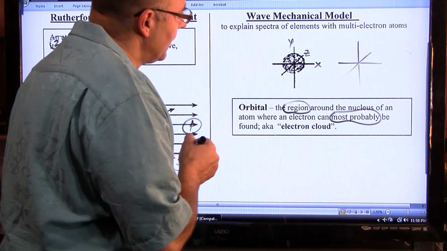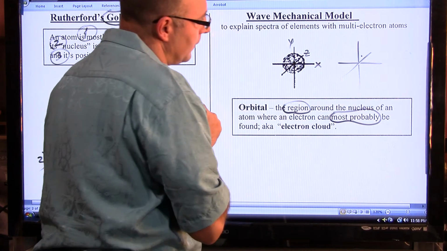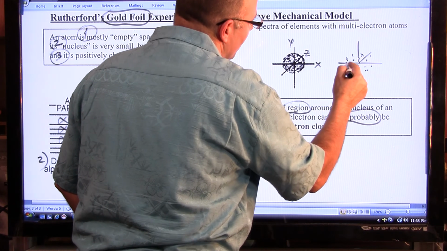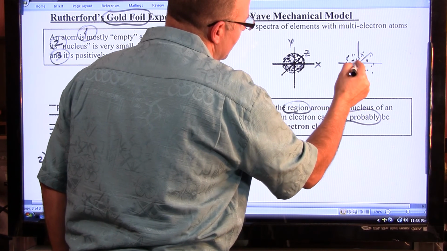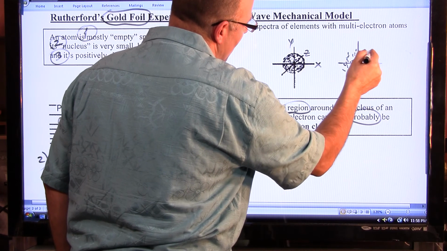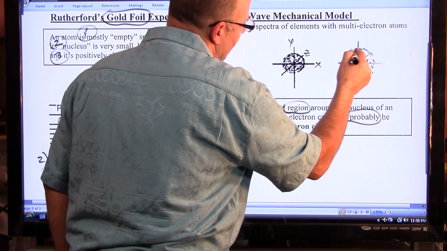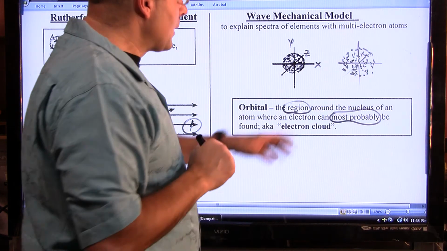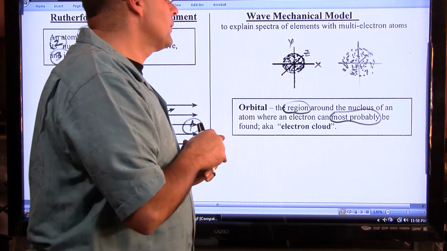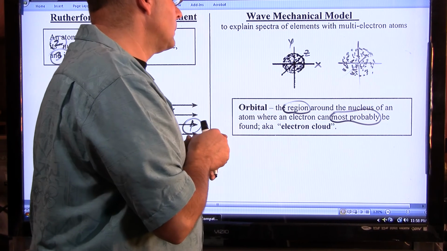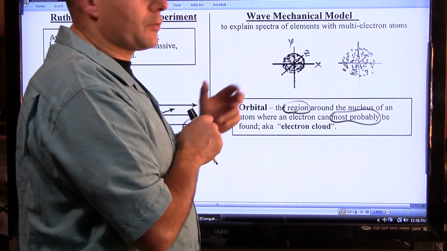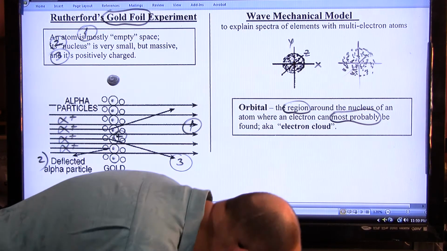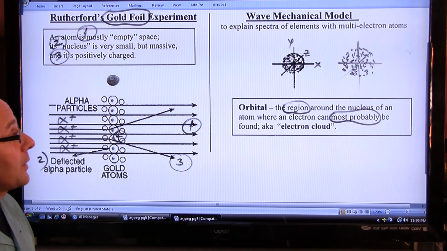What we're saying is that if you could take a picture in this instant, there's the electron, and then you continue to take pictures of that electron over time, and you put all those pictures together, if it's an s orbital, what you find is that 90% of the time, that electron will be found in a region which is spherically shaped, and if you put it all together, you get that picture. So it's really a matter of probability. And you'll talk more about this, certainly out of the scope of the Regents, in your next course.